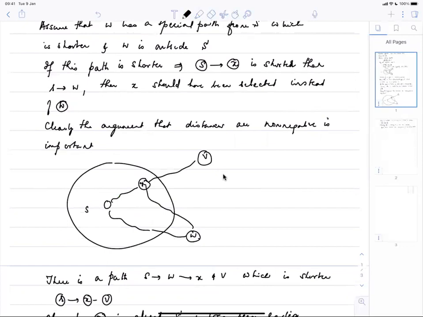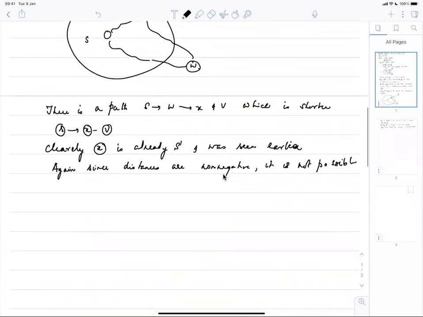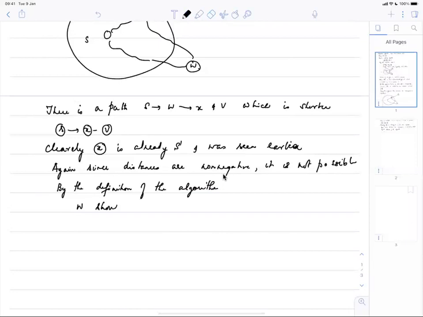We argue that it's not possible because by the definition of the algorithm, W should have been included before X, in either case.